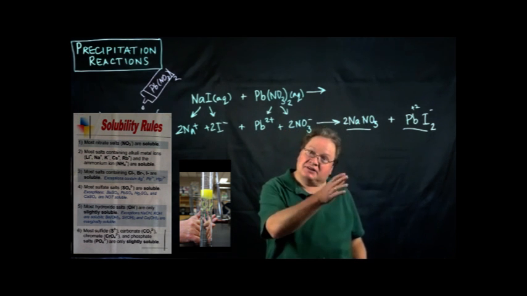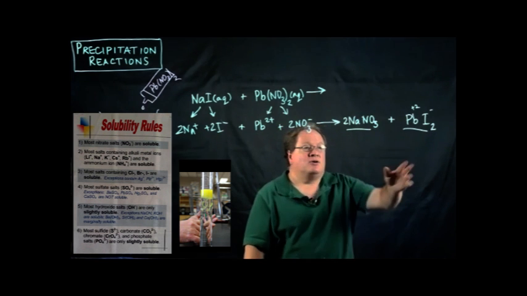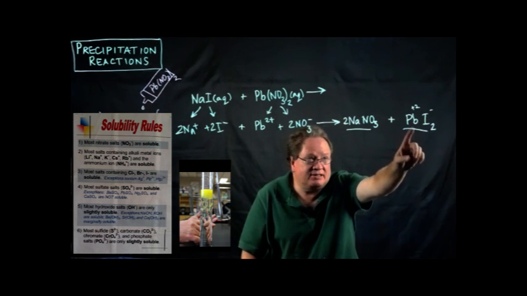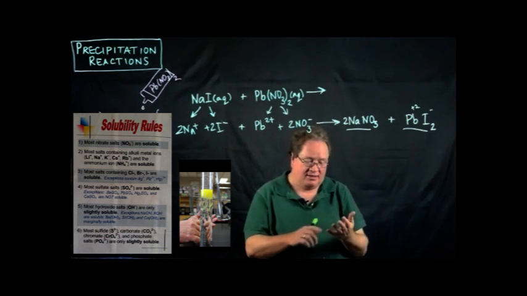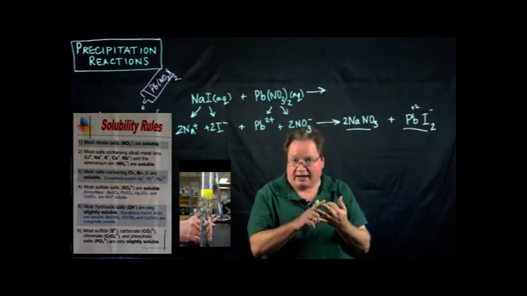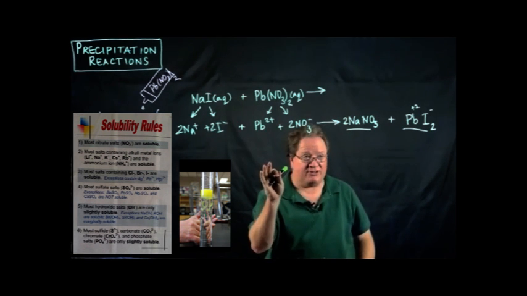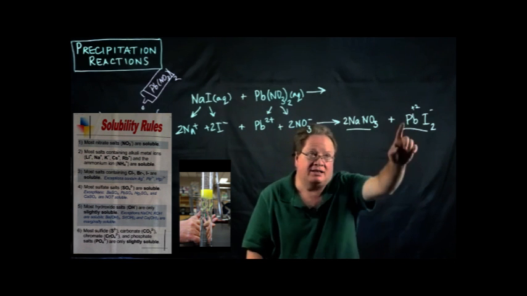So that kind of leaves us with just one left, and we would look at rule 3 to make our choice here. Basically, rule 3 says that chlorine, bromine, and iodine are usually soluble, but there are several exceptions, one of them being lead.